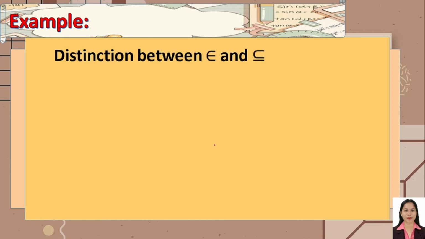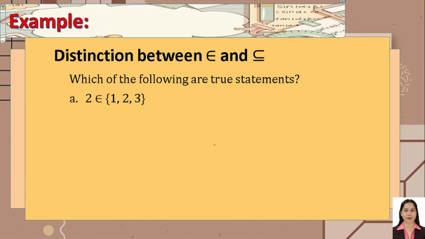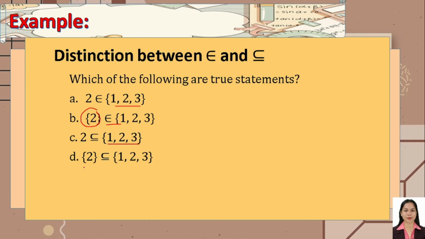Now, the distinction between an element and a subset. Which of the following are true statements? We have here A, 2 is an element of the set 1, 2, 3. Then a set, since it has brackets, is an element of this one. Then 2 is a subset of 1, 2, 3. Then this set is a subset of this set which has three elements, 1, 2, 3.